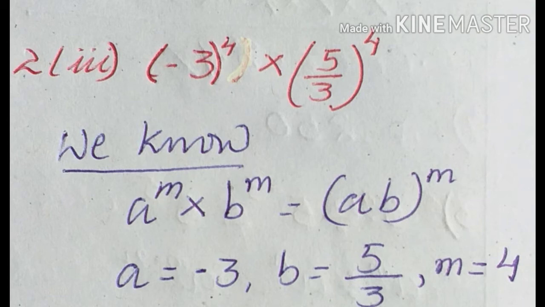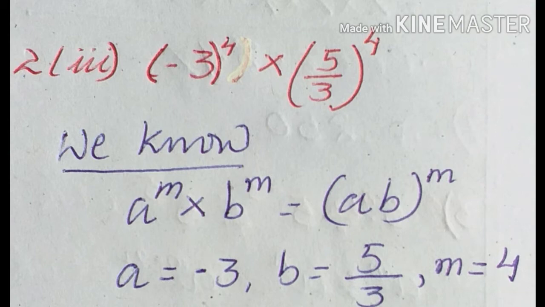(-3) to the power 4 into 5 by 3 to the power 4. Now here we have to use identities. The base is different here, right? The base is different but the power is the same, so you have to use this identity: a to the power m into b to the power m equals (a into b) whole to the power m.